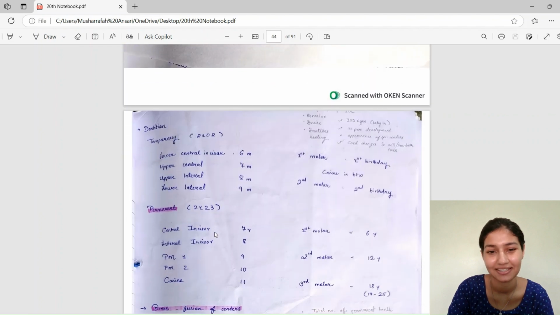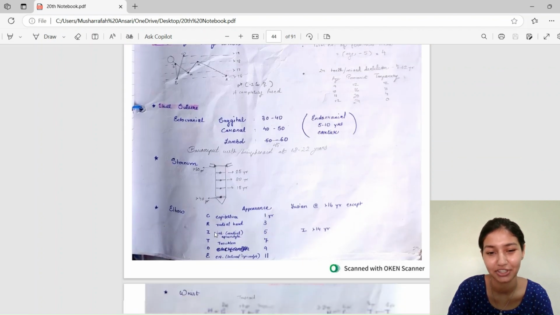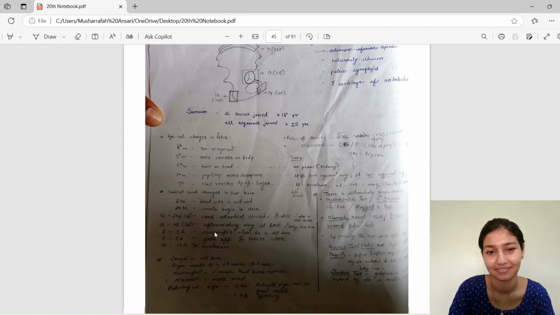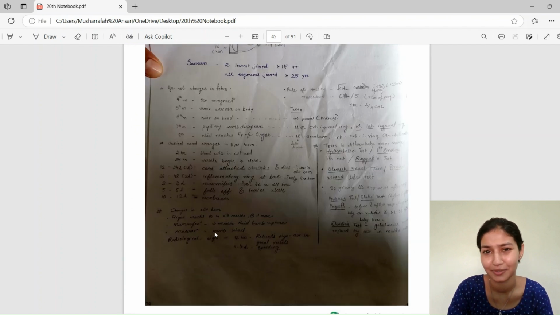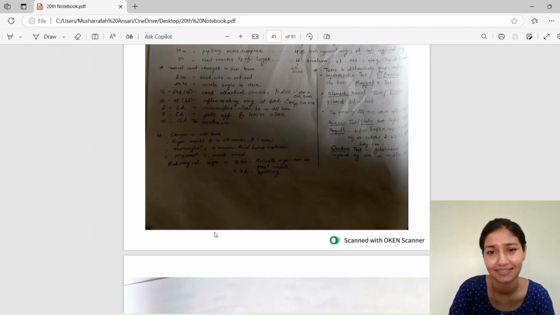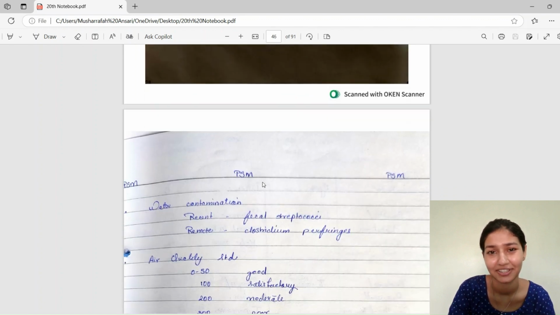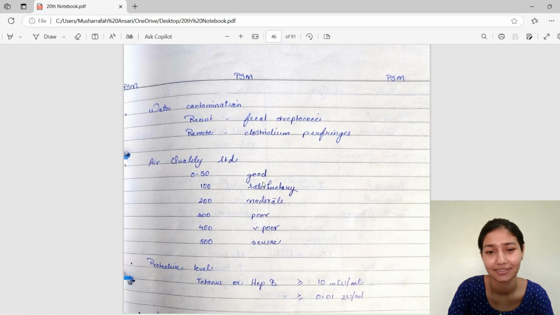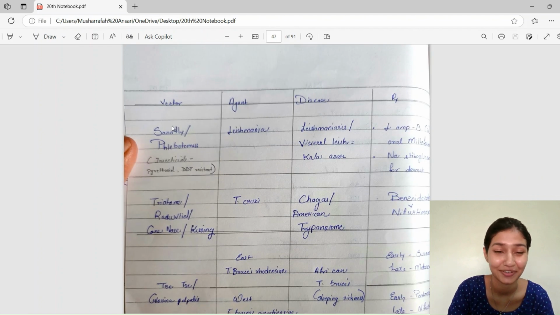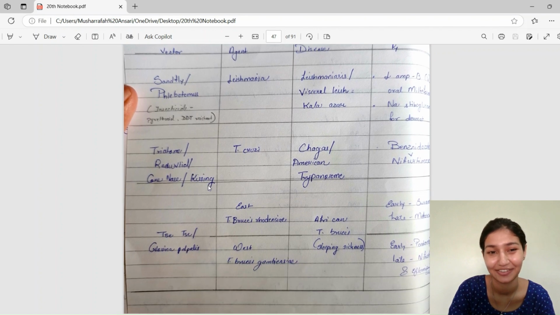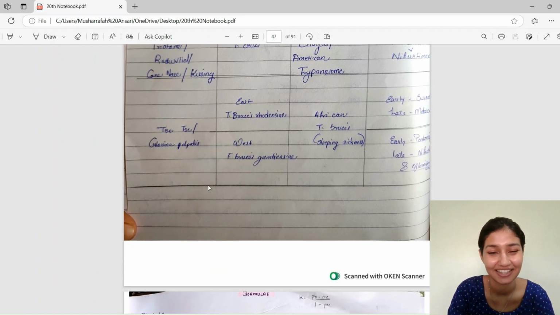Forensic medicine, different ages of ossification, changes in the fetus, the rule to determine the ages by the length, the test to identify a live born or a stillborn. PSM. This was also very confusing to me. Which vector and what is its common name, I would mix it up. Let me know if the same happens with you.